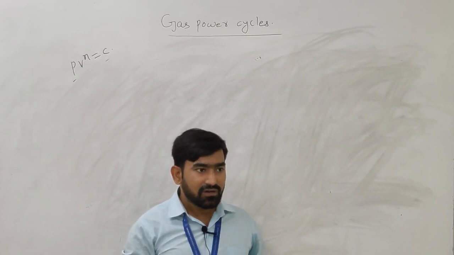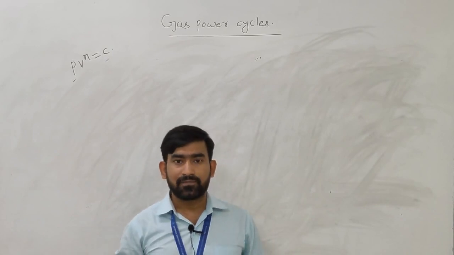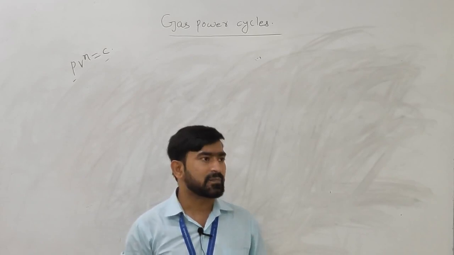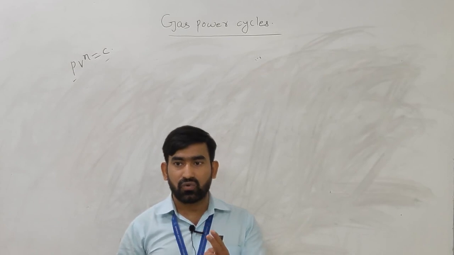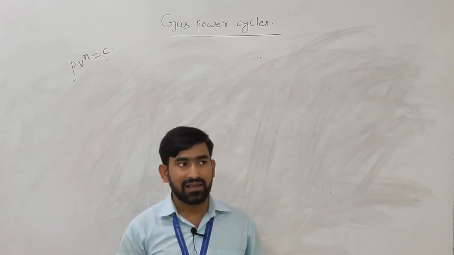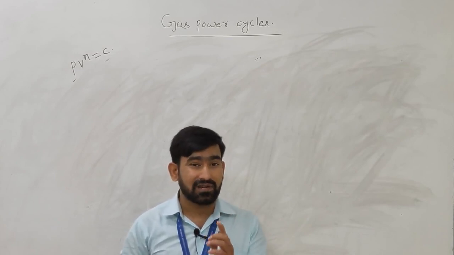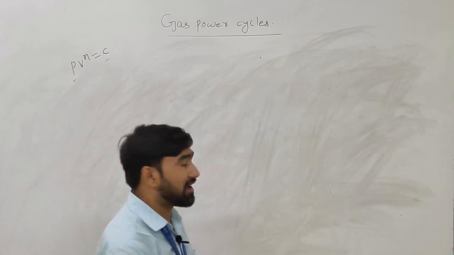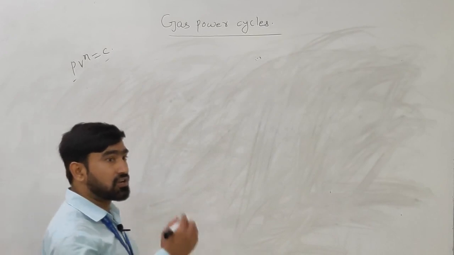And in case of the dual cycle, there will be 2 reversible adiabatic or isentropic processes, 2 isochoric or constant volume processes, and 1 constant pressure process.